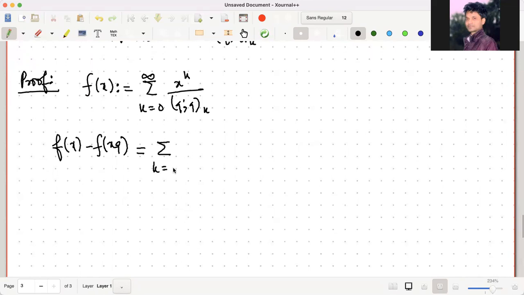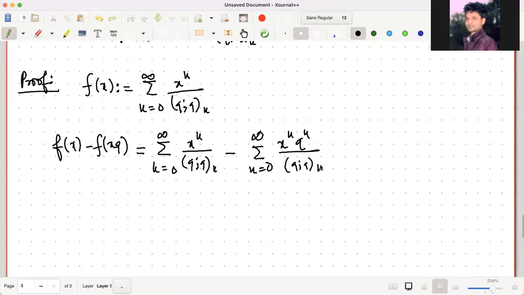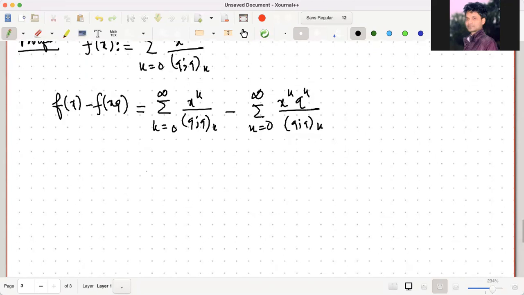So this is the sum over k from 0 to infinity of x to the power k over (q)_k, minus the sum over k from 0 to infinity of x to the power k, q to the power k, over (q)_k. Okay. So now this will be k going from 1 to infinity, because the 0 term will get cancelled. So if k is equal to 0, then the first term here is getting cancelled with the first term here.